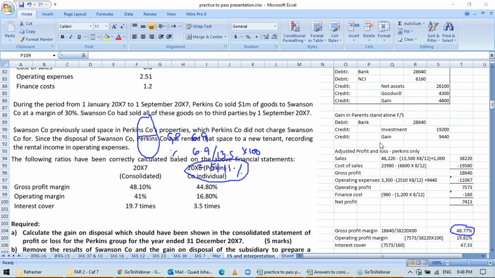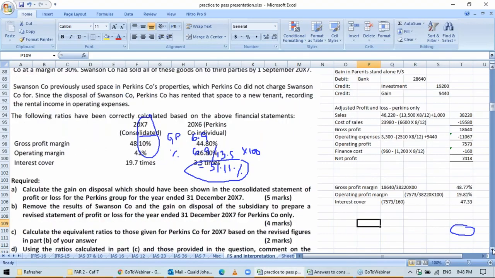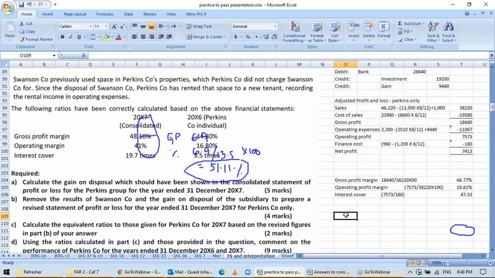Now further, there is a lot of analysis to be done on this, and I will come to the details. But first, let me tell you about the individual ratios of Swanson company. Always calculate the subsidiary's separate ratios before you comment on whether the decision to sell the subsidiary was correct or not, right? So let me do it first. I'm calculating the ratios of the subsidiary company as well. So subsidiary sales were 13,500.